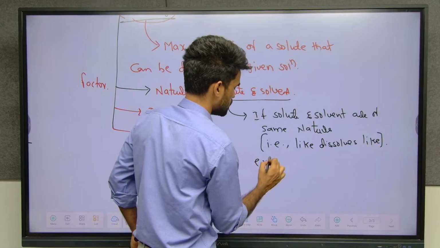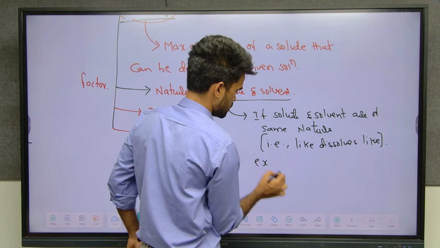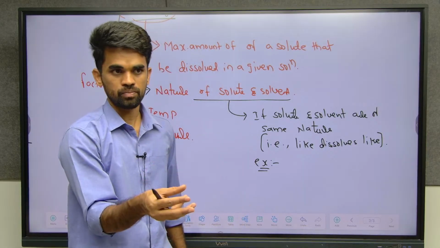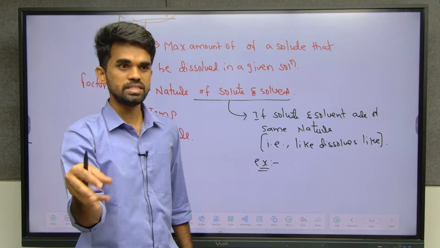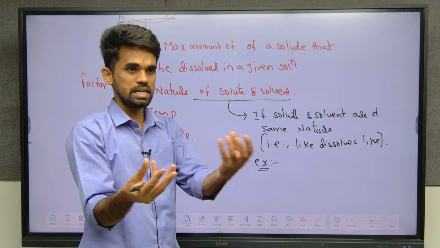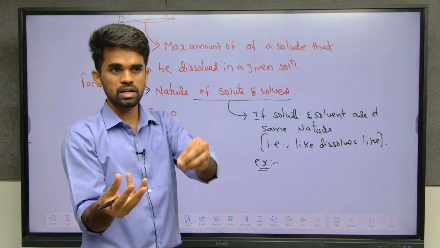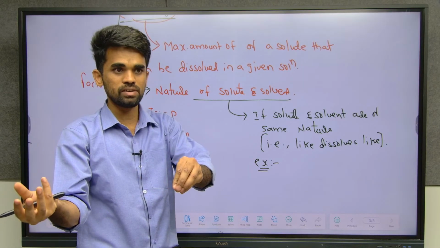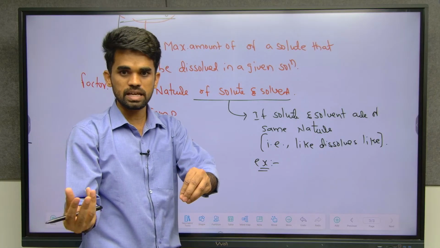Example, see, sugar if you add in water it can dissolve, but if you add in benzene or something like that, it won't. Or like salt, salt is a polar compound that can be dissolved in polar solvents like water, but not in non-polar solvents like benzene, toluene or CCl4.